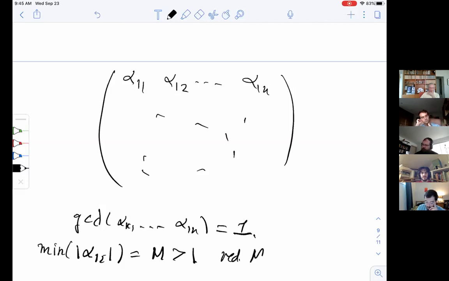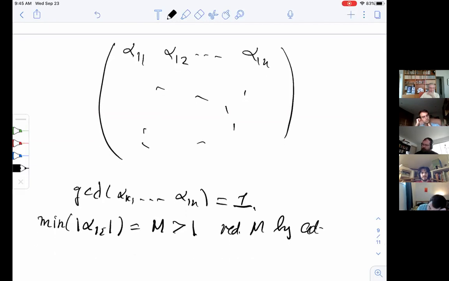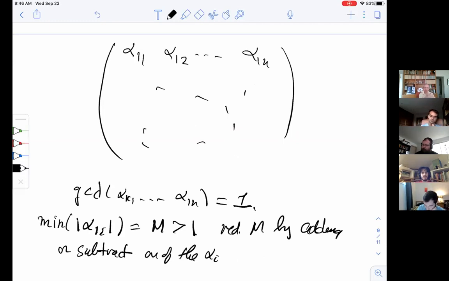Reduce m by adding or subtracting one of the alpha 1i from some alpha 1j, and leaving the others unchanged. So leave all the alphas unchanged except alpha 1j, and you will either add or subtract alpha 1i from alpha 1j.